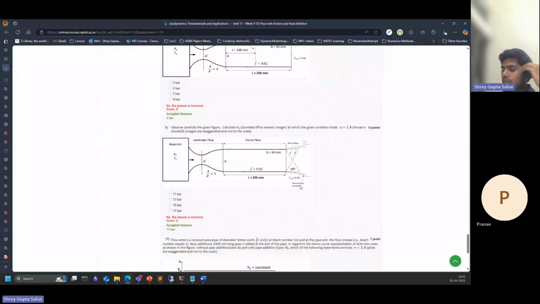See, the flow is getting compressed twice. There are two shock waves. So if I think the flow gets compressed like this, and then goes back, we have to do it twice, not just once. That is something that we didn't consider in the first go. We just considered one shock wave, right? We have to consider twice.